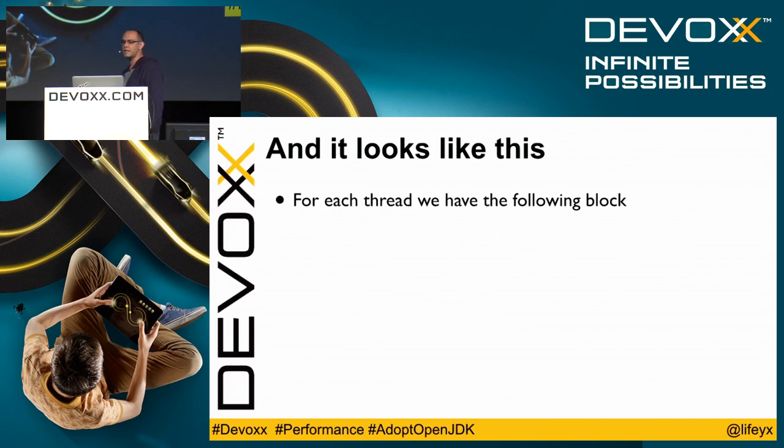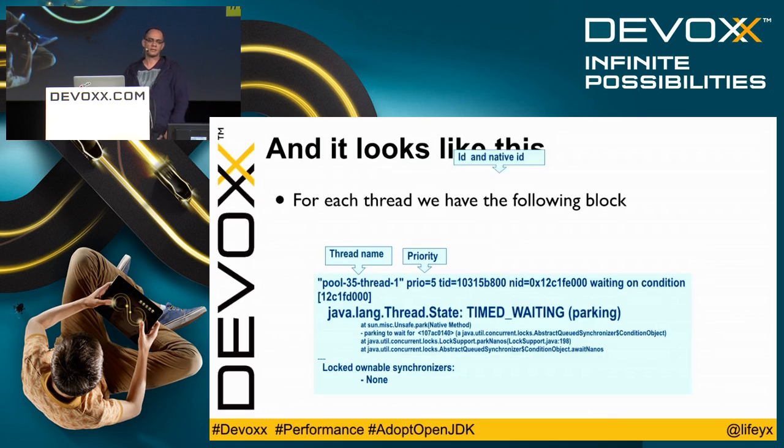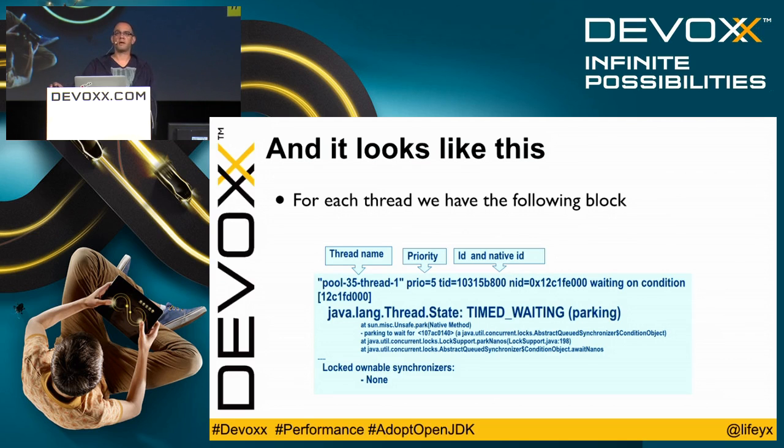So after you take a thread dump, you get some kind of textual snippet for every thread, and you can see for each thread what its stack is, and the name, the priority, the ID of the thread, and the native thread ID. And it's really cool. You are able to find a lot of problems with Jstack.